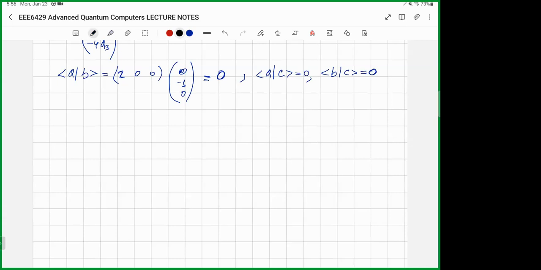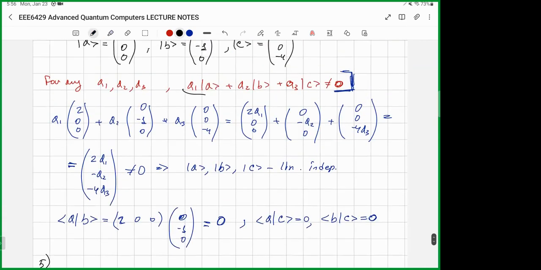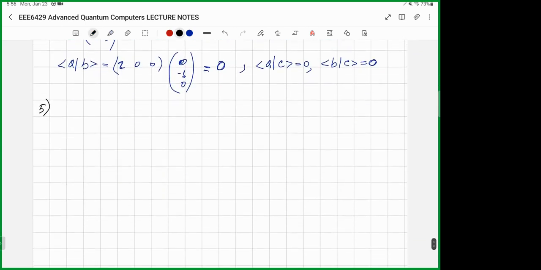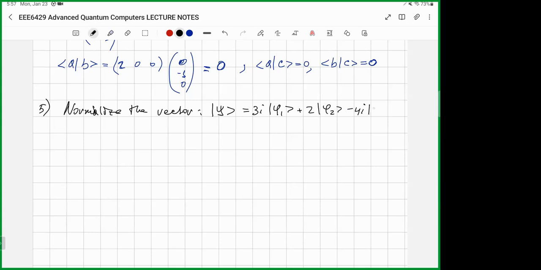So the next one, the 5, right? The 5. Normalize the vector psi, which is equal to 3i times vector phi1 plus 2 times phi2 and minus 4i times vector phi3.